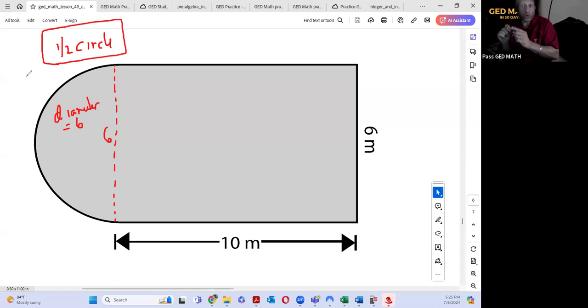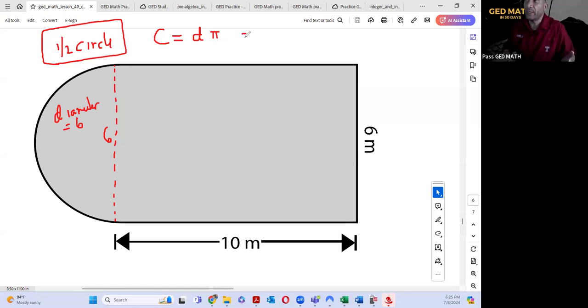What you must first realize is that the circumference is the same thing as the perimeter. So we're going to go to our formula sheet. I don't have one open, so I'm going to tell you what it is. To find the circumference of a circle is d times pi, the diameter times pi.